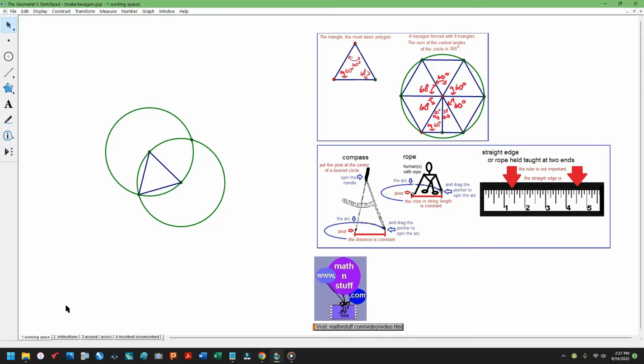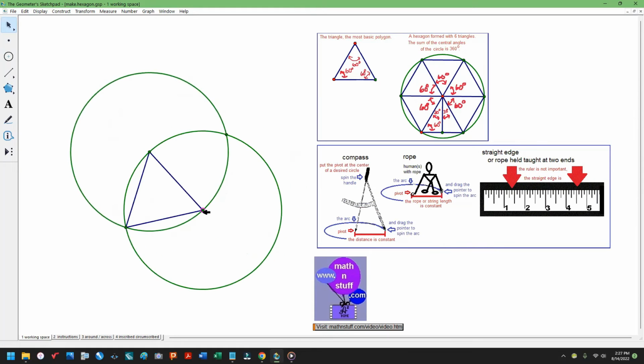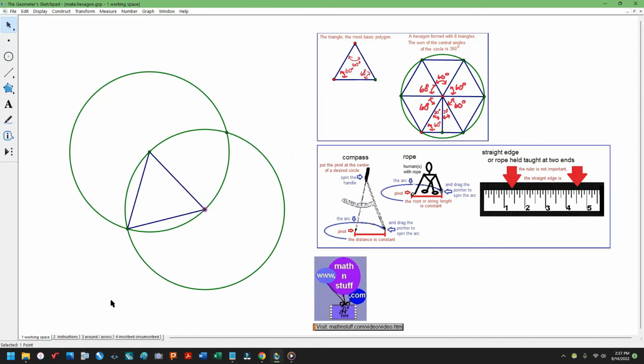And there you have an equilateral triangle. Just by using circles. Beautiful stuff. Well, I don't want the equilateral triangle. I want to make a hexagon.